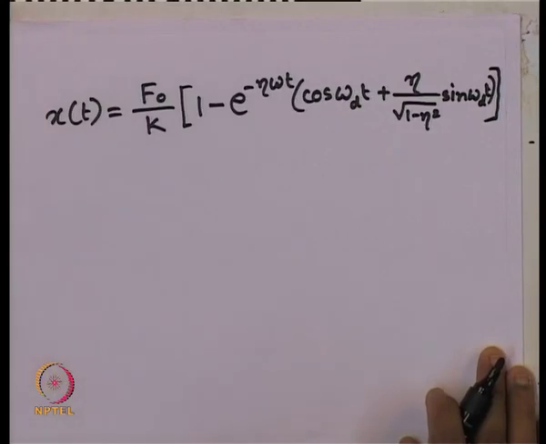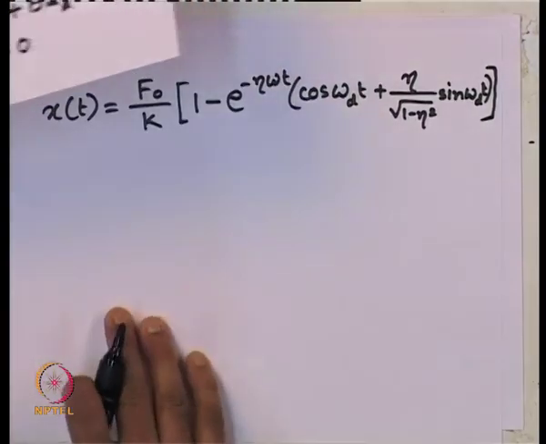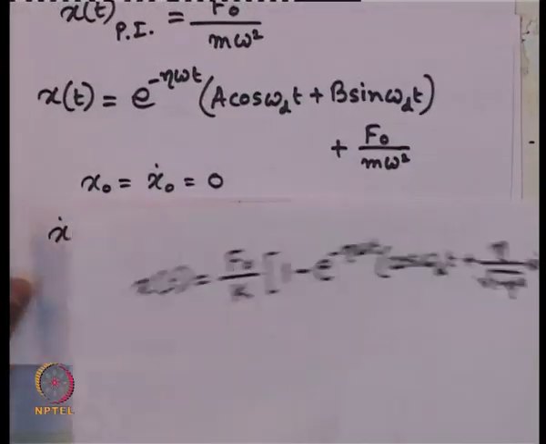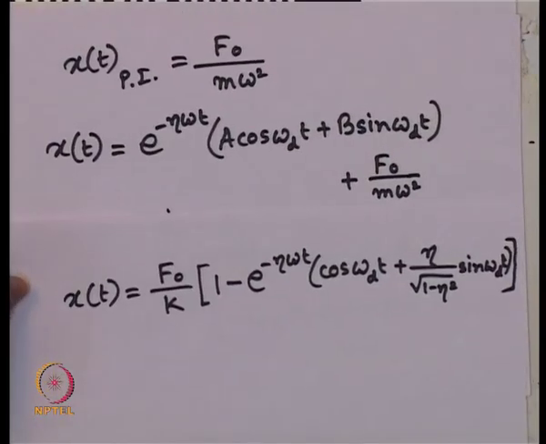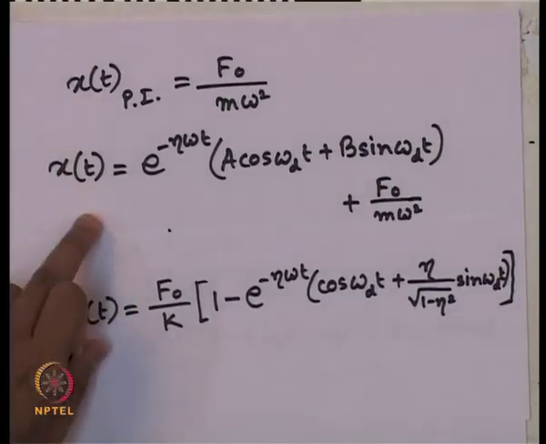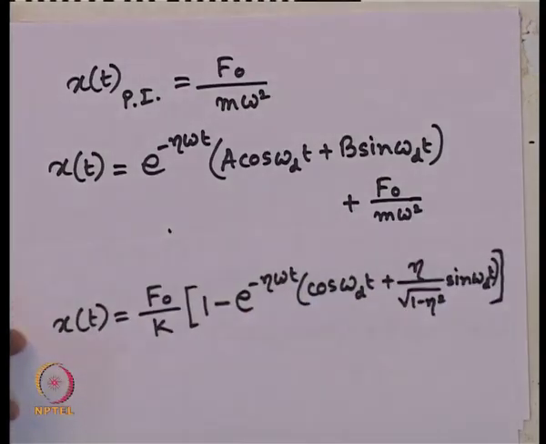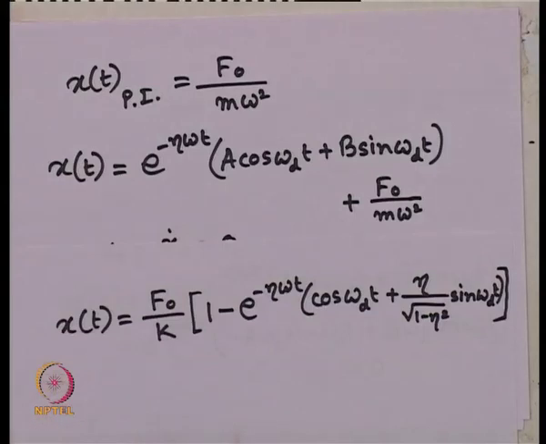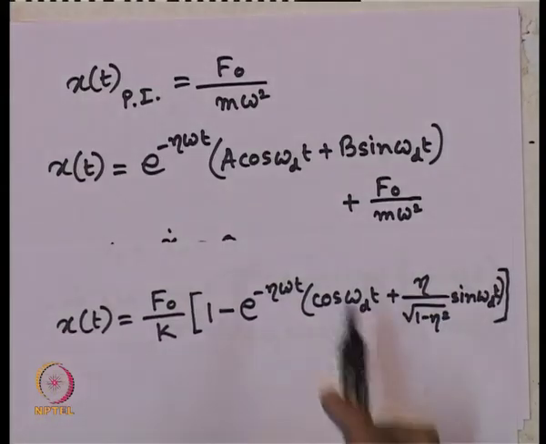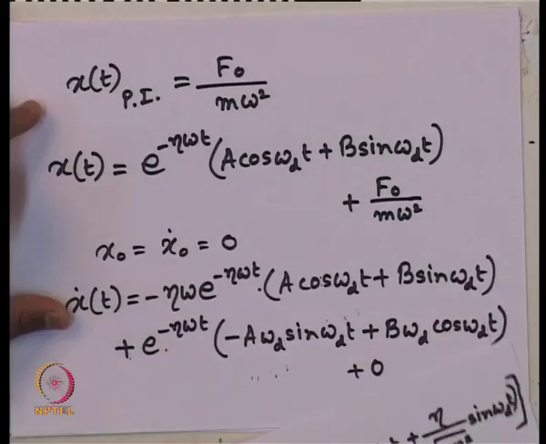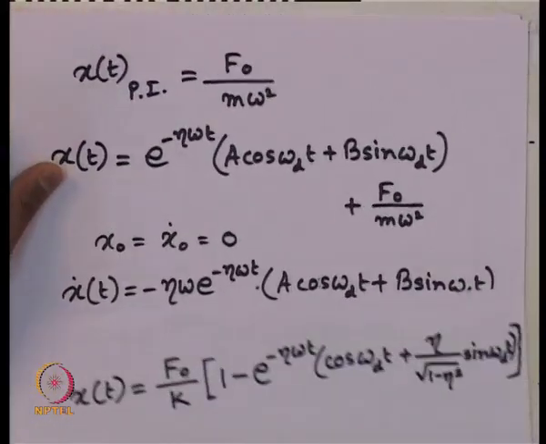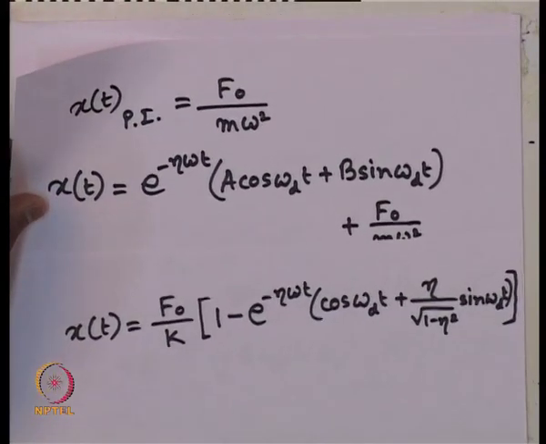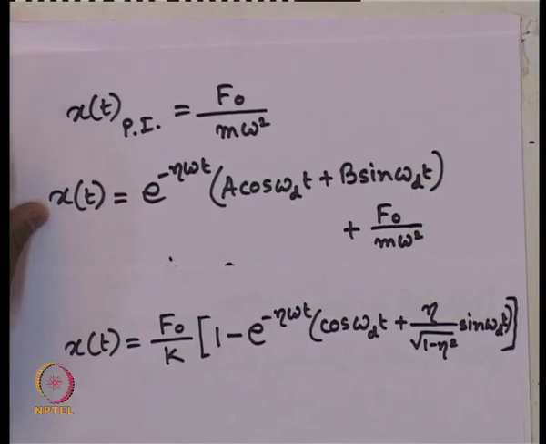Let us look at the solution once again, so that it will be easy for us to follow. This was our complete solution. We got the value of A as minus f naught by m omega square, and B we got as f naught by k minus f naught by k eta times root over 1 minus eta square.